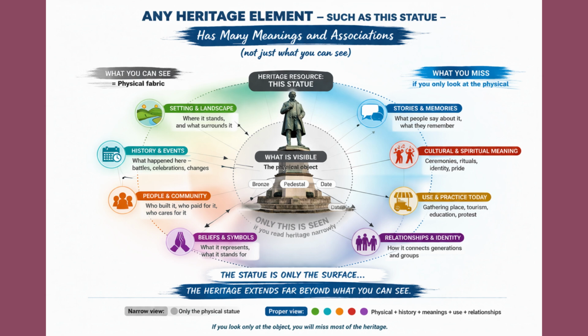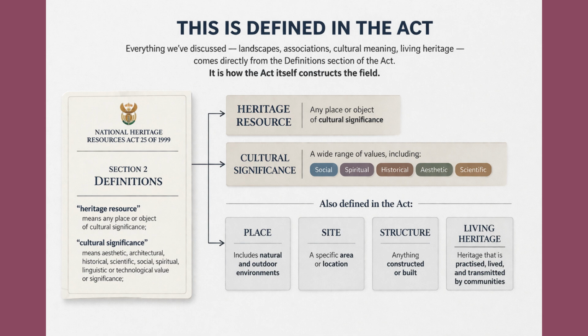Cultural significance means aesthetic, architectural, historical, scientific, social, spiritual, linguistic, or technological value or significance. And that's in section 2, the definitions. So everything we have just described, landscapes, associations, cultural meaning, living heritage, all of these come directly from the definitions section of the Act.